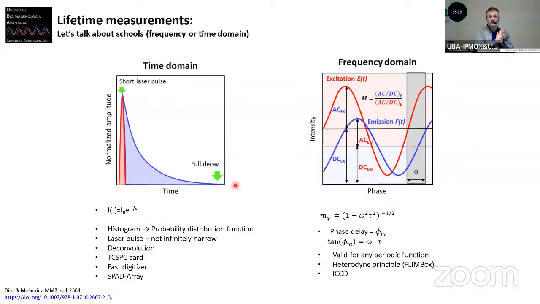And the procedure is, you have the pulse, and then you tag a count. When the photon arrives, you say, okay, that bin, and the width of the window is 100 picoseconds. Okay, I have 2 nanoseconds of lifetime.